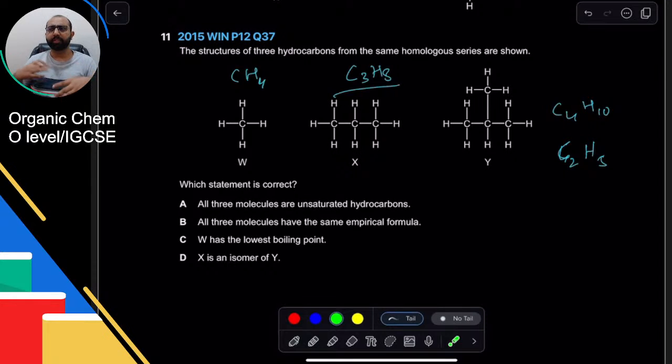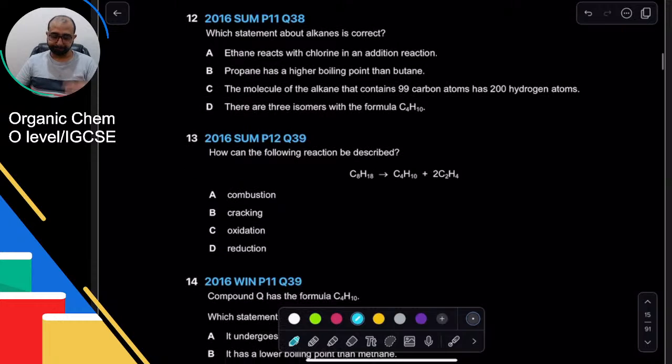Now there is a thing in AS that you will study in detail, like how we look at surface area, spherical molecules and all that. But for now just know that the more elongated the molecule, the higher the boiling point. So in this case C is correct. X is an isomer of Y. No, because they don't have the same molecular formula.